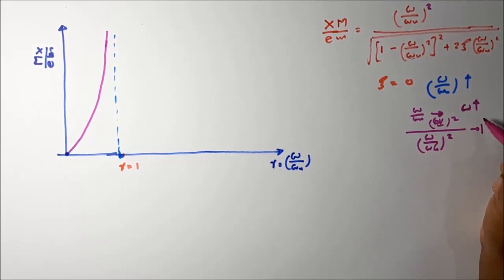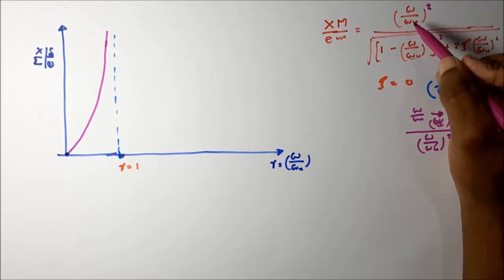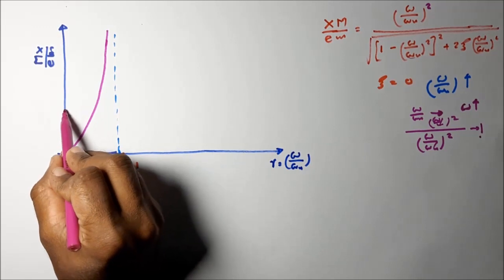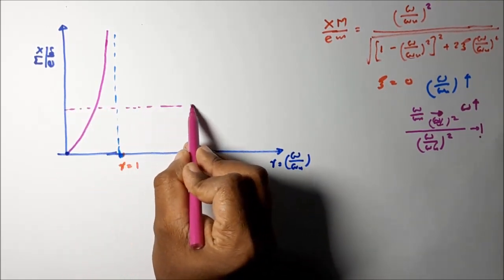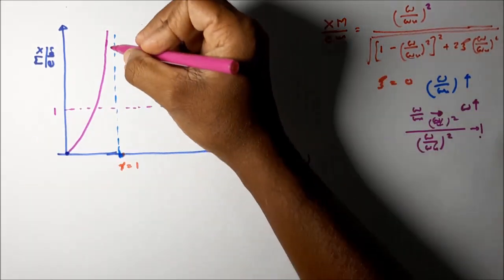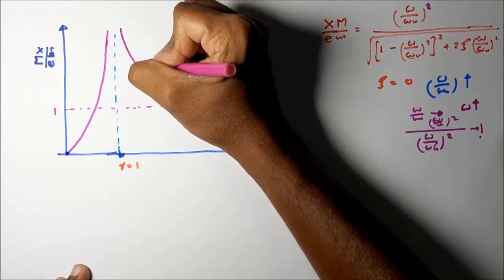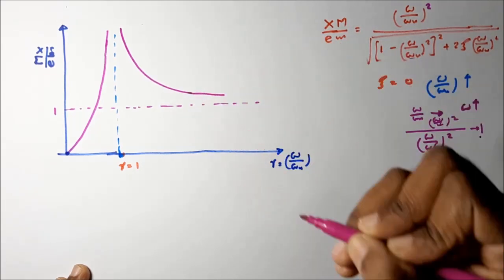That means we are starting with the infinity, then we are reaching to the 1. So how to draw that one? It has a horizontal asymptote, equal to 1, like this.